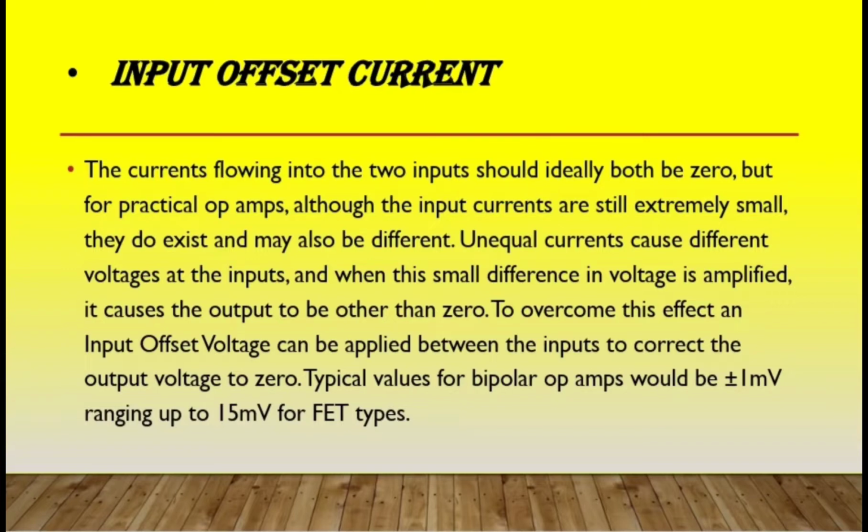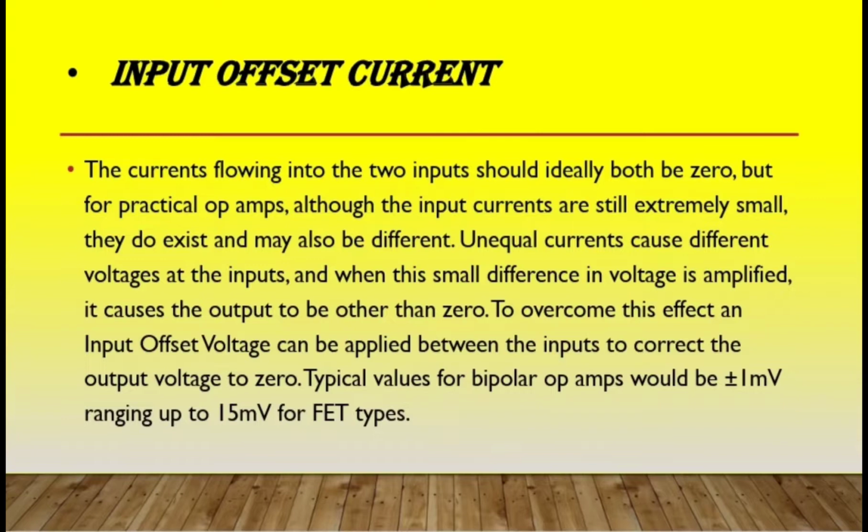So, input offset current. The currents flowing into the two inputs should ideally both be 0, but for practical operational amplifiers, although the input currents are still extremely small, they do exist and may also be different. Unequal currents cause different voltages at the inputs, and when this small difference in voltage is amplified, it causes the output to be other than 0.